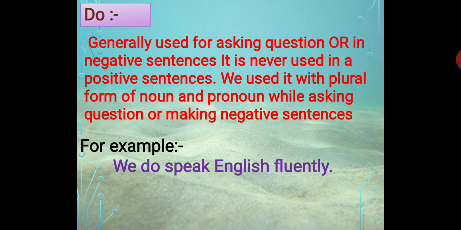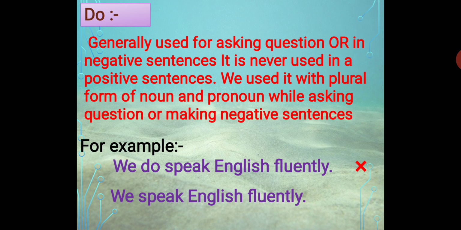We do speak English fluently. Here, do is mentioned in the sentence, but it is not necessary to write do in the sentence. So this kind of sentence will be the wrong form of the sentence. But we can write here, we speak English fluently.